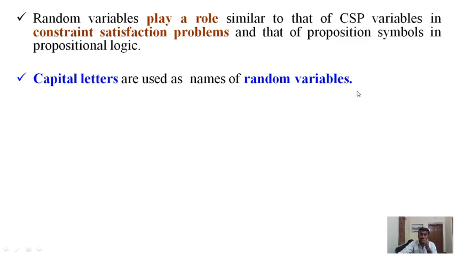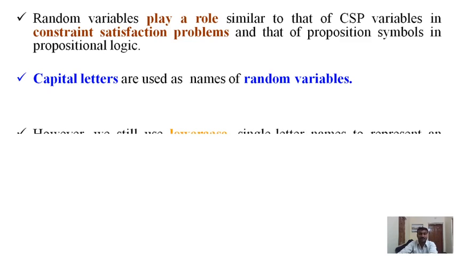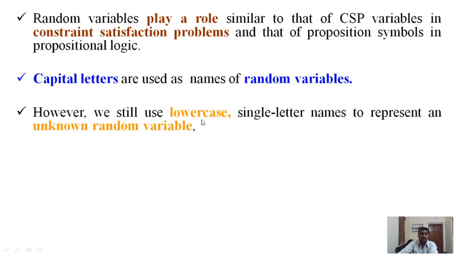For example, how can we represent random variables? Capital letters are used as the names of random variables. However, we still use lowercase single letter names to represent an unknown random value. So known random variables are represented in capital letters, while unknown ones are represented by single lowercase letters.